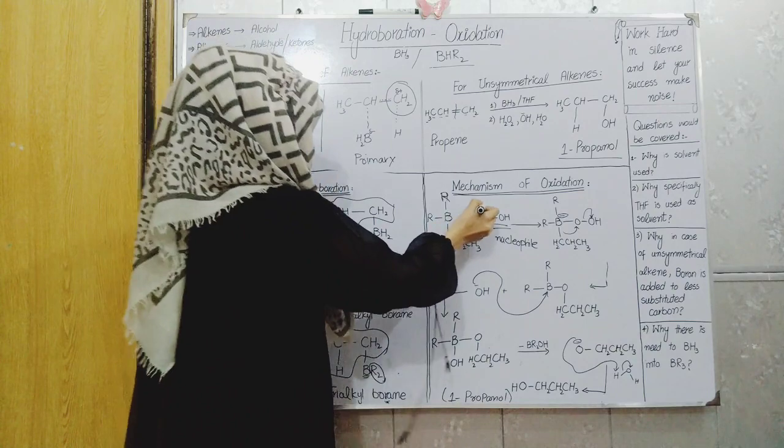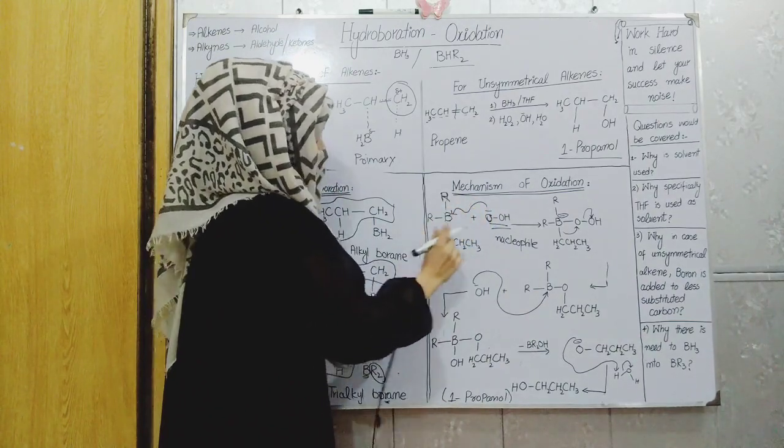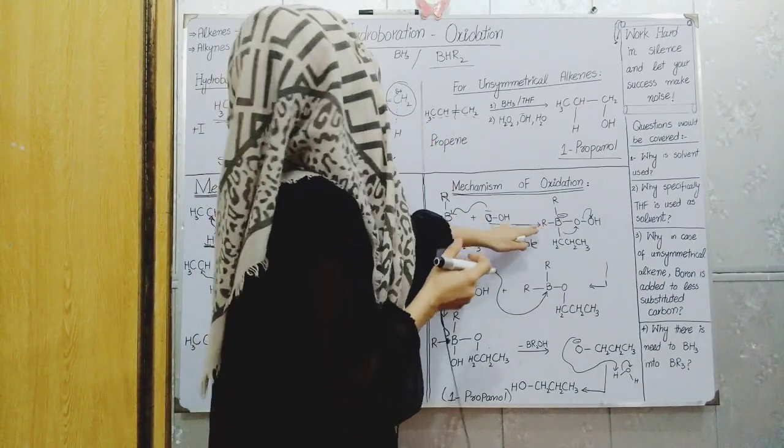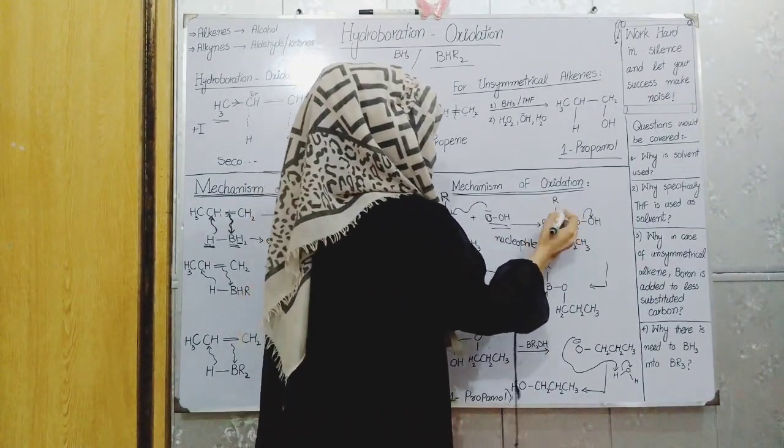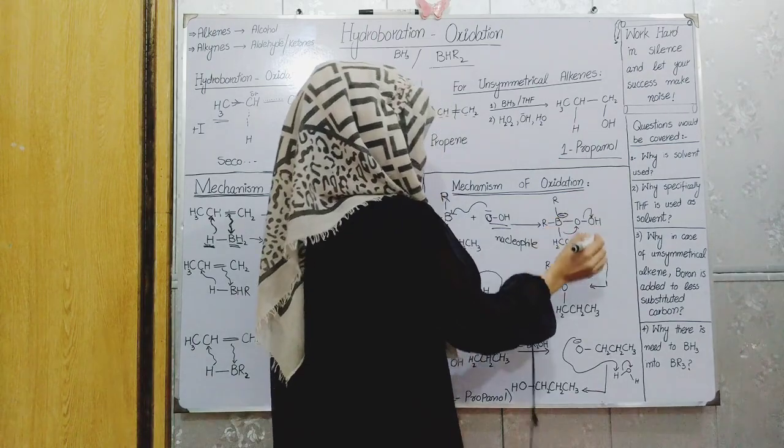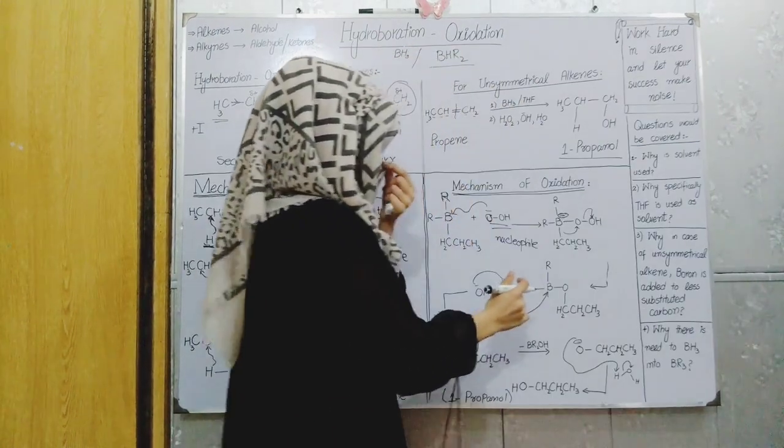Now this will act as a nucleophile and attack the boron atom. As the valency of boron is 3, but here 4 bonds are formed, there will be a negative charge, and here a 1,2 alkyl shift takes place.